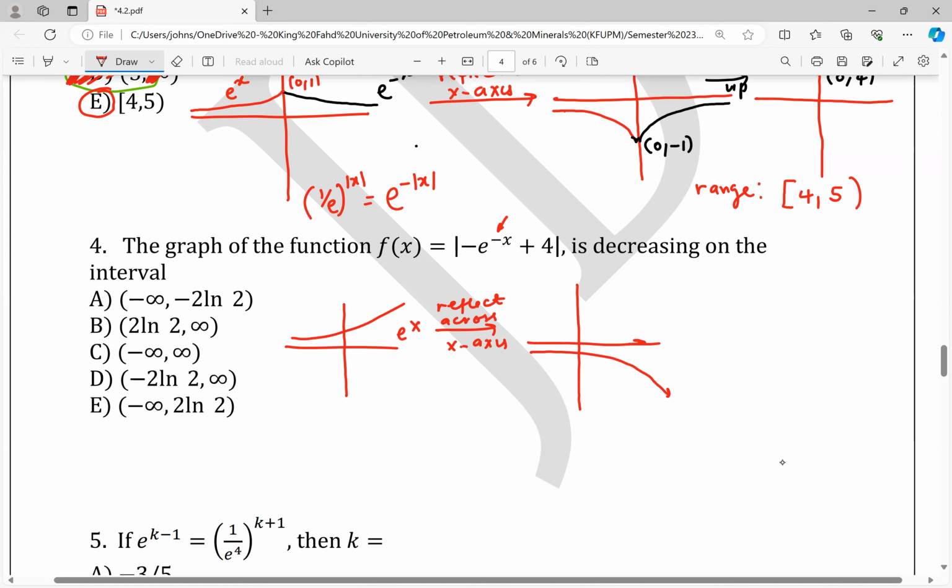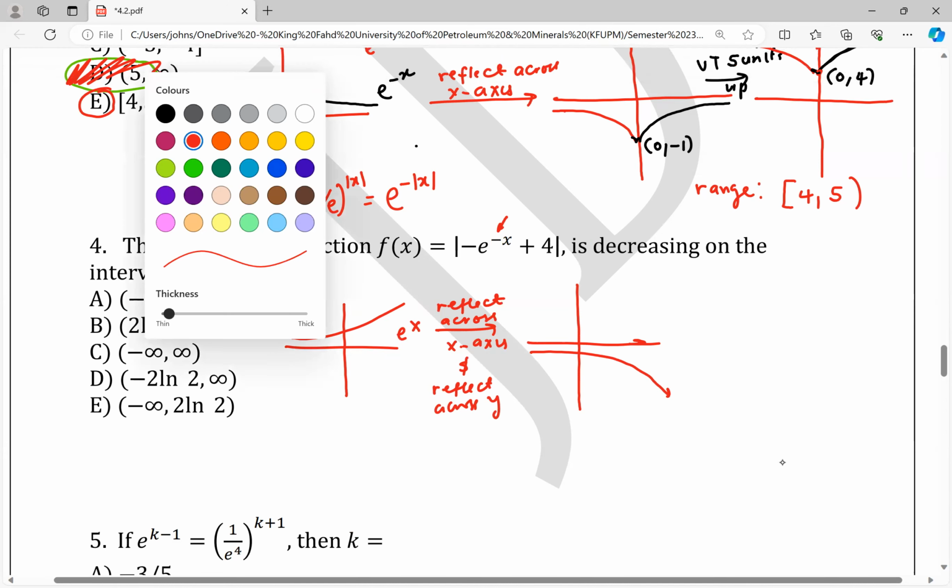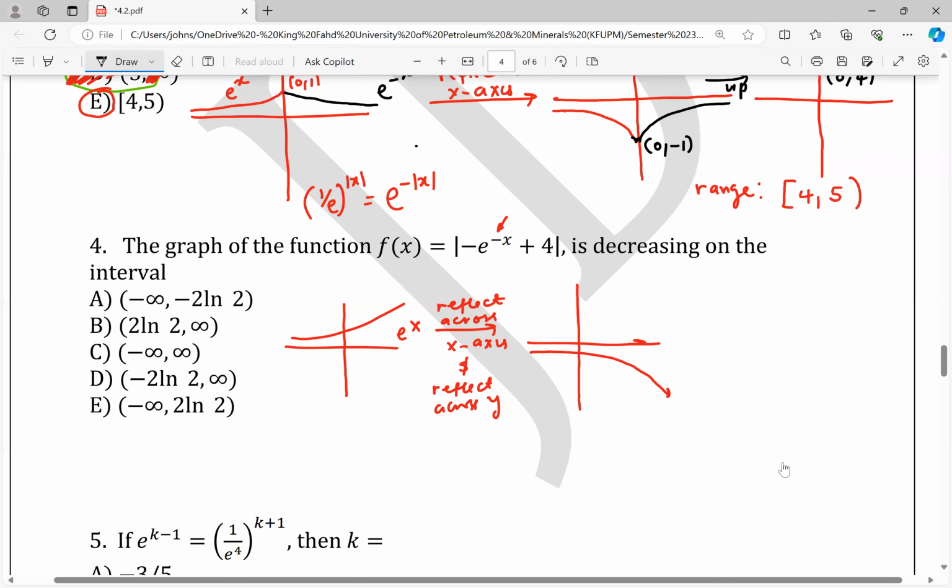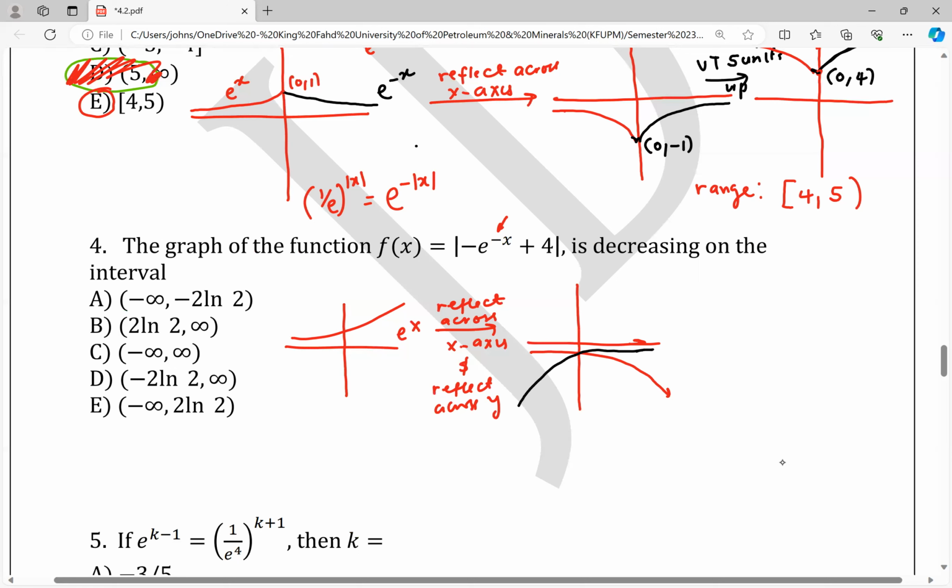So let me reflect across y now. So this is reflect across x and reflect across y. So reflecting across y, let's do this here. This will be something like this, the black one. And then we go 4 units upward.